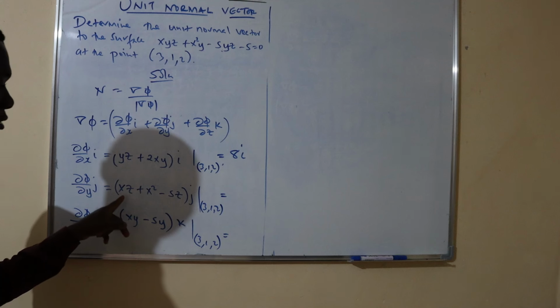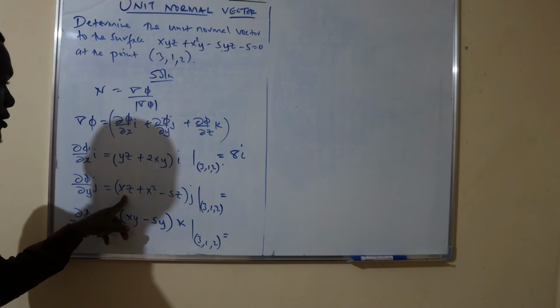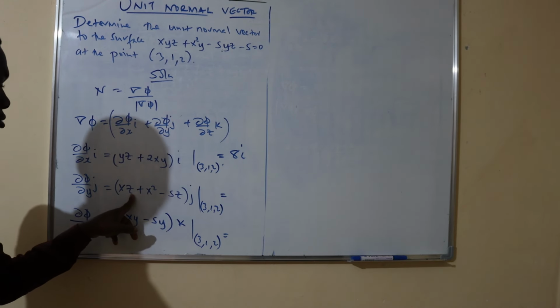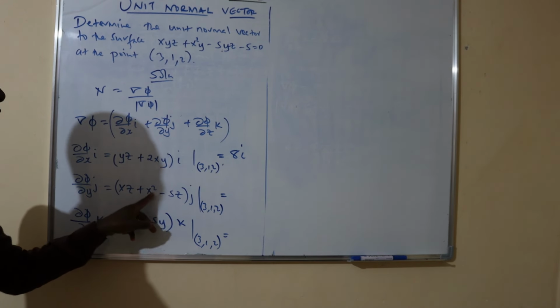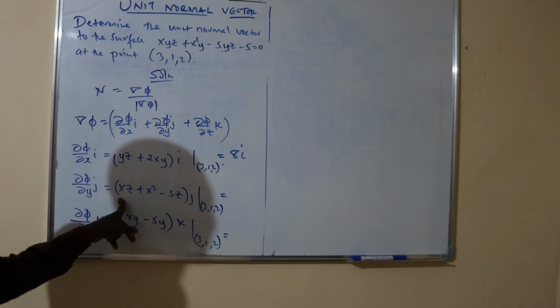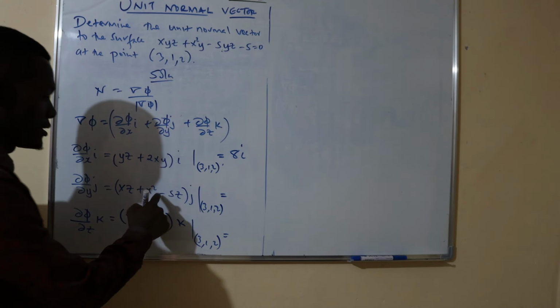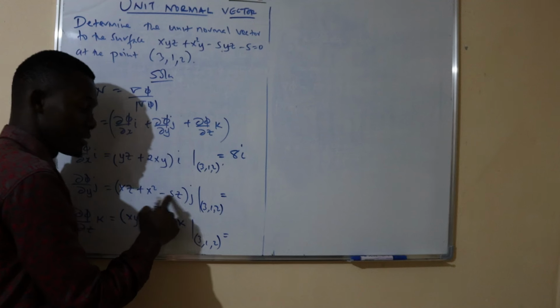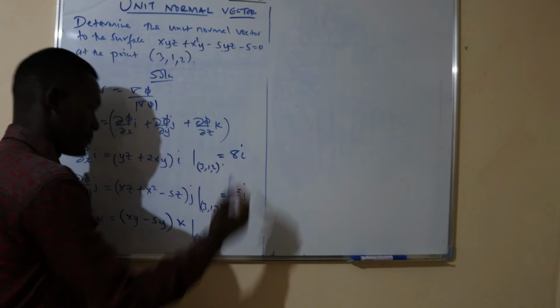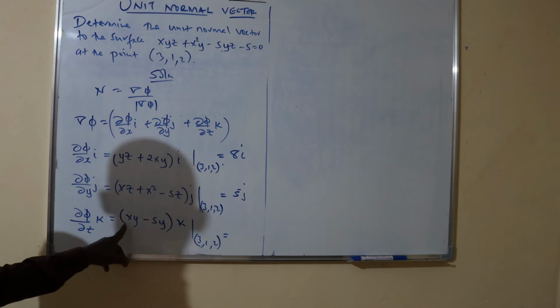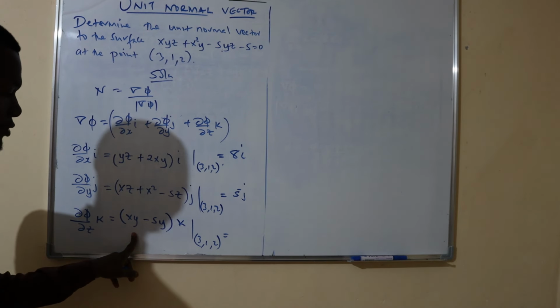Then you come to the next one. So 3 times 2 gives us 6. Then you get 3 squared, which gives us 9. So 6 plus 9 gives you 15. 15 minus 10 will give you 5j. Then you have 3 times 1 gives you 3.